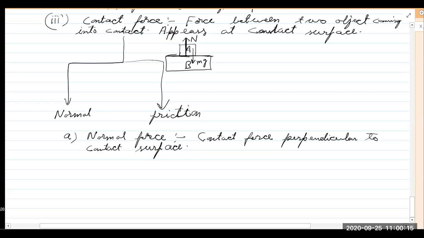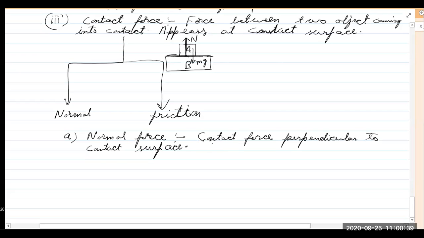The upward normal force and the downward mg balance. These two forces are equal in magnitude, so normal is equal to mg. It is perpendicular to the contact surface.